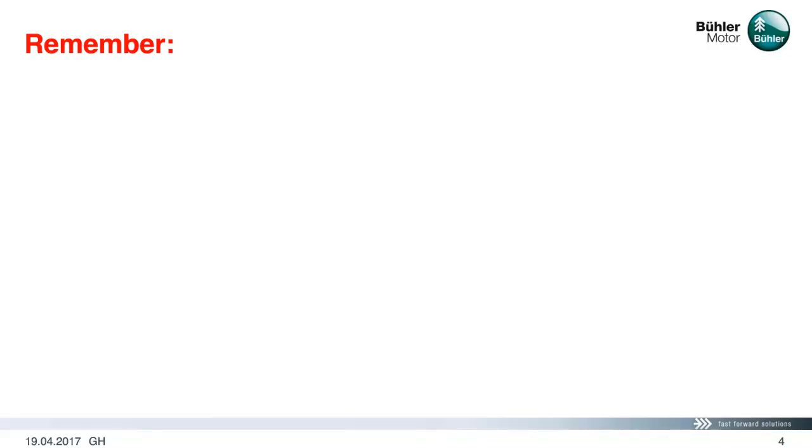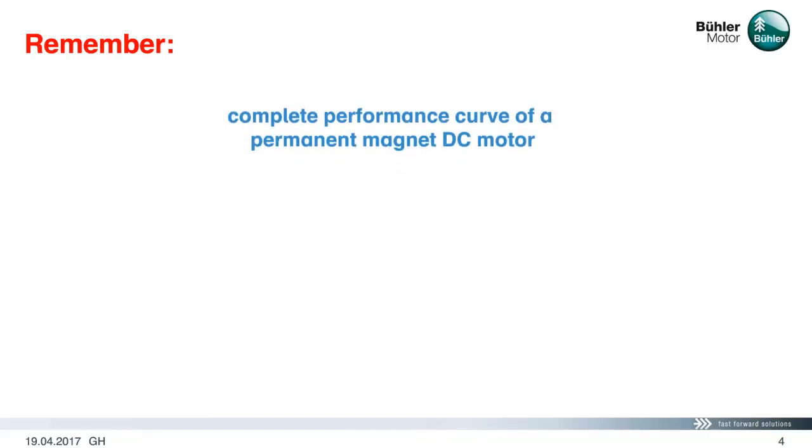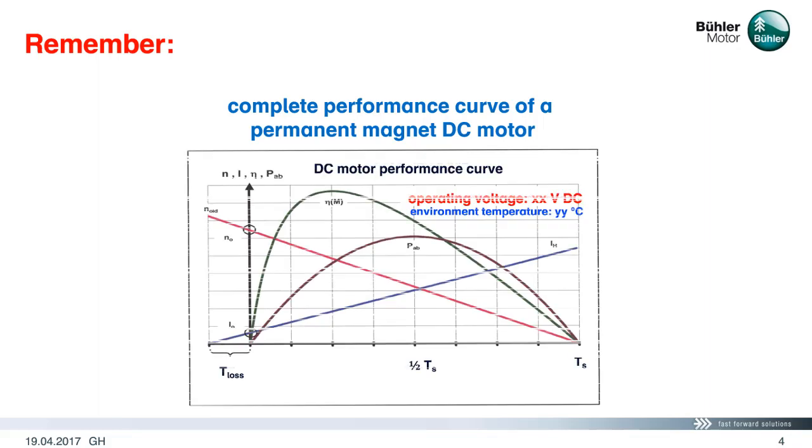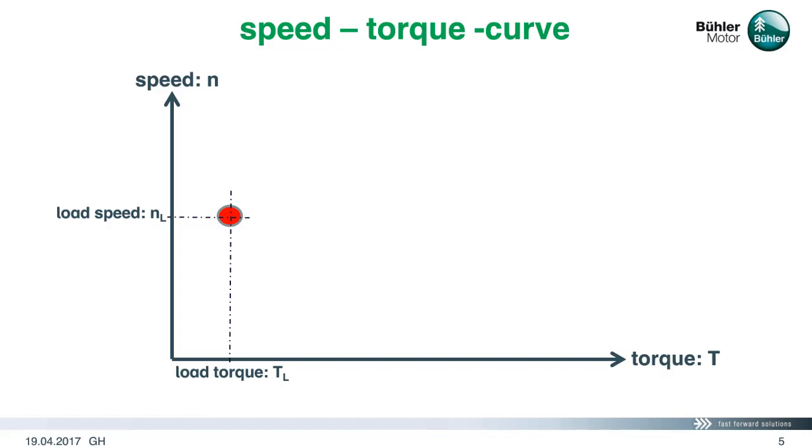We remember from the basic training how a performance curve of a permanent magnet DC motor looks like. Step by step, we can now build up this performance curve, starting with the known load point. For this, we need the speed versus torque curve first. Entering the load point allows us to draw a straight line through this point, and we get n sub 1 and T sub 1, which would lead us to the speed regulation constant R sub m1.